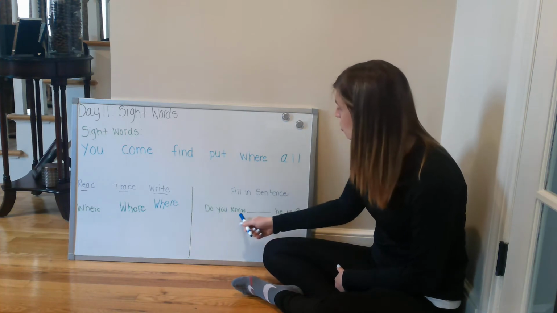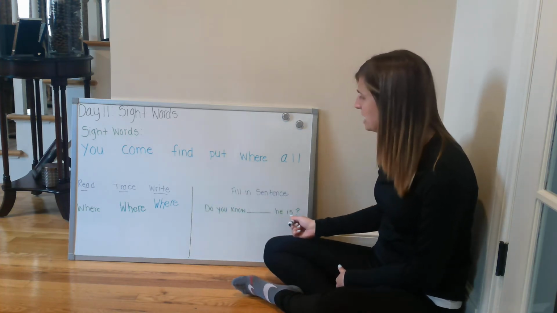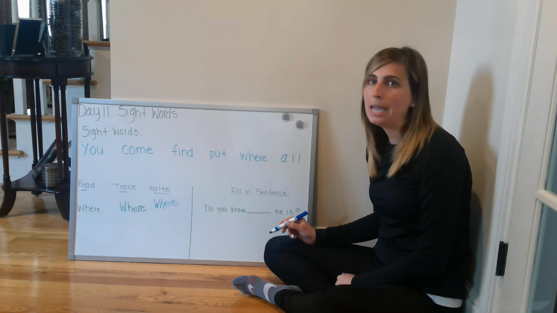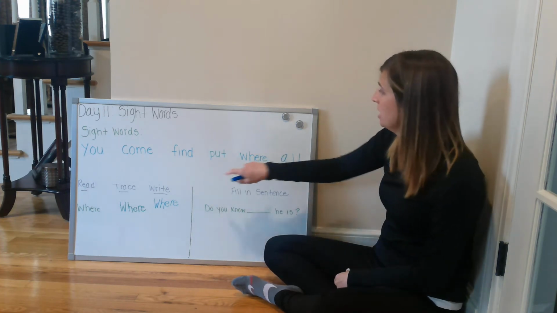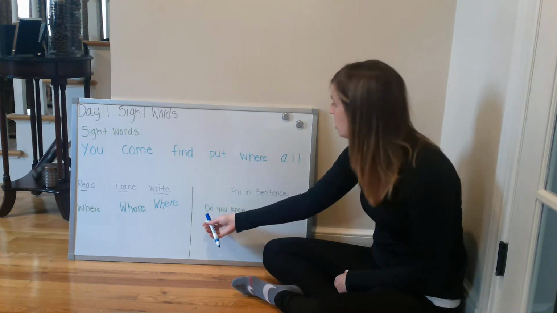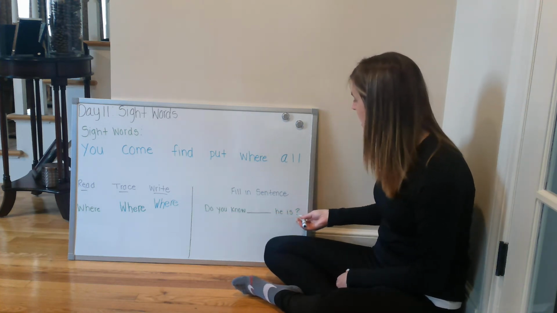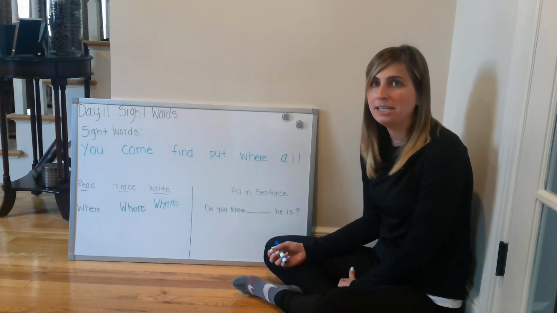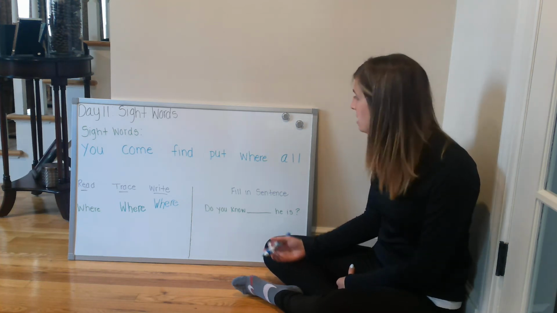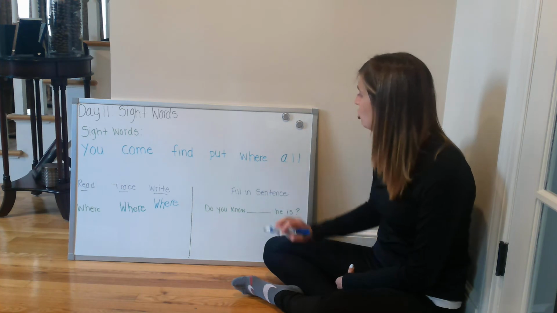Do you know find he is? It doesn't make sense, and it's not a complete sentence, so it cannot be find. Let's try put. Do you know put he is? Still doesn't make sense, and if it doesn't make sense, it can't be a complete sentence. So it can't be put. Let's try where.